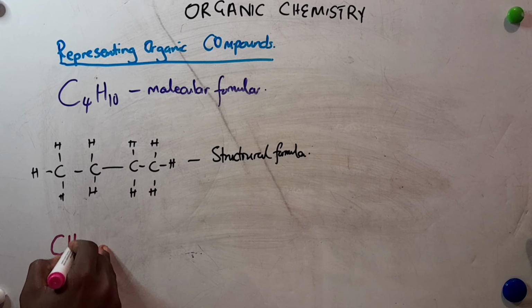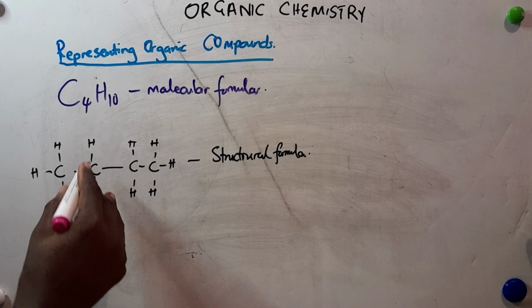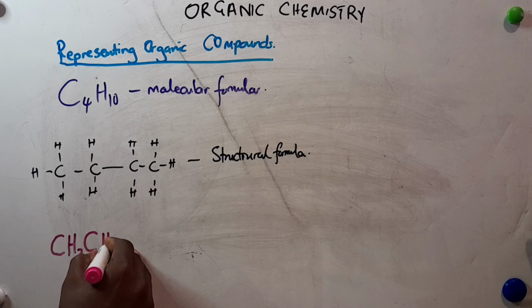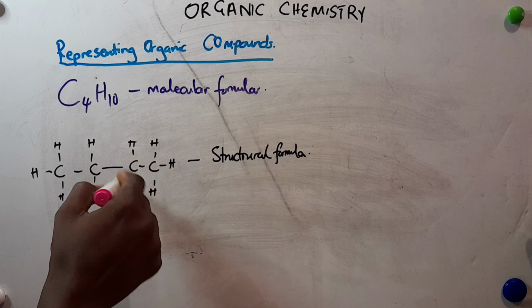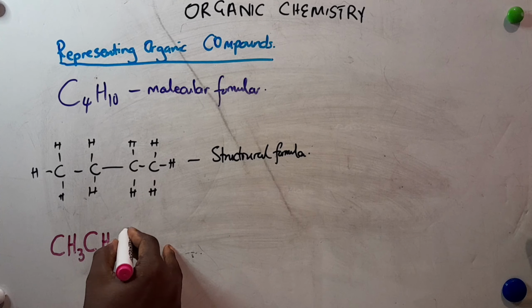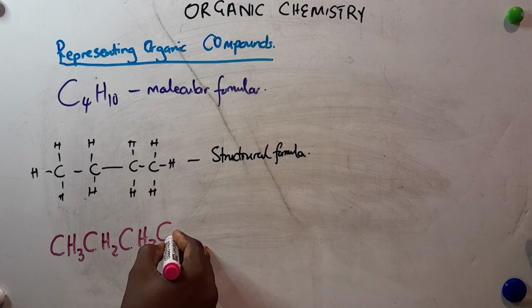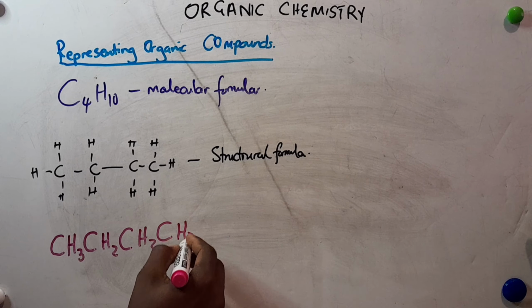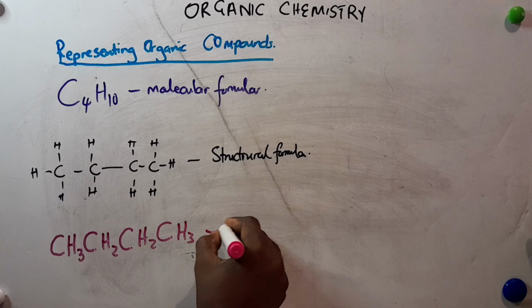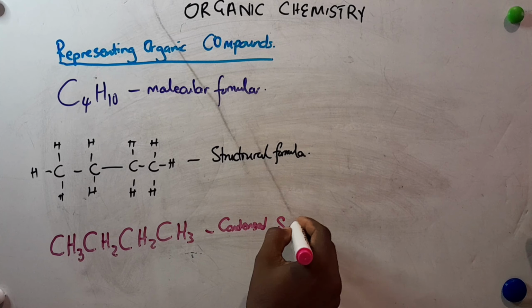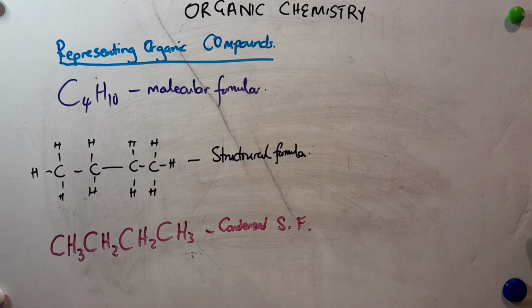So we place our hydrogens, and then the next C is bonded to 2 hydrogens, so this is just CH2, and this one is also bonded to 2 hydrogens, so this will be CH2, and then the last is bonded to 3 hydrogens, like that. So this is what you call the condensed structural formula, right? The condensed is more about what is bonded to which carbon, right?